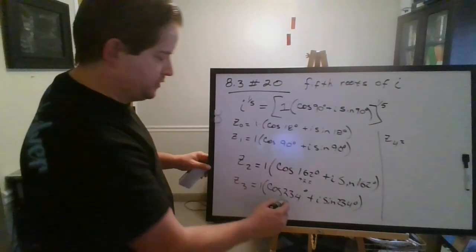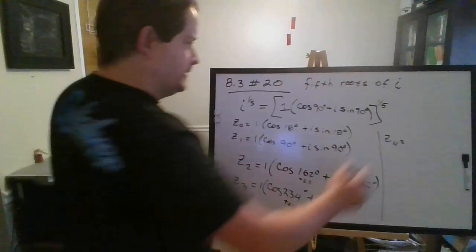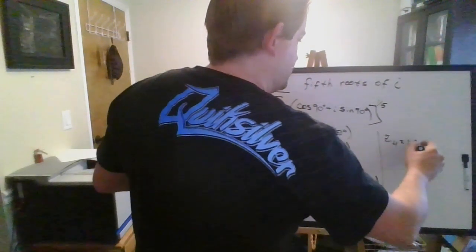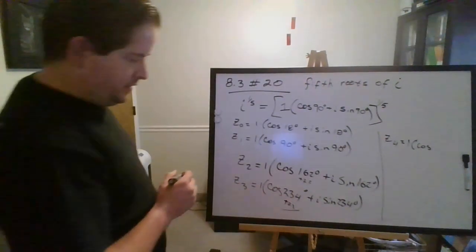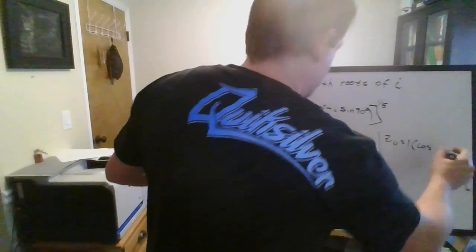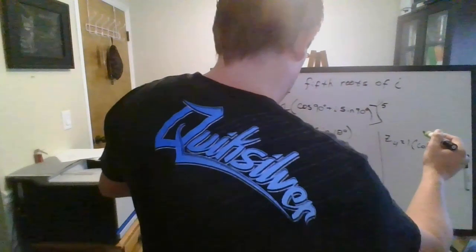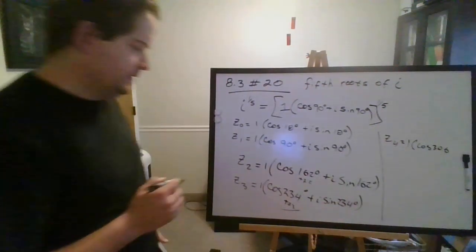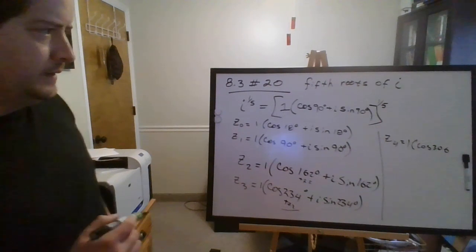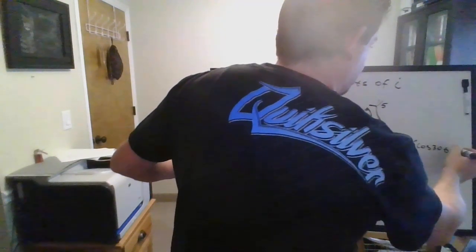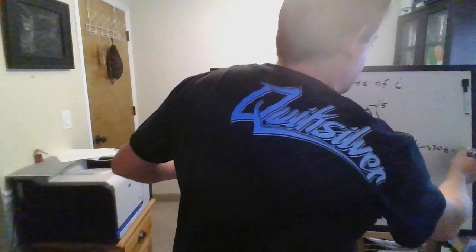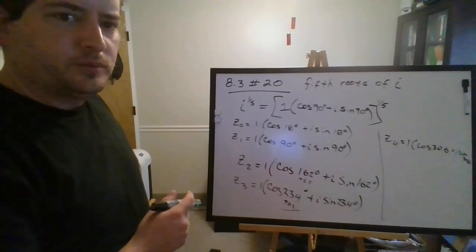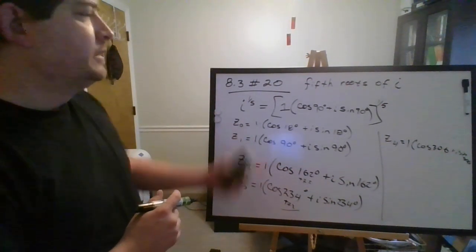So if I add 72 to here, then this gives me 1 again times the cosine of 306, plus, of course, the I sine of 306. I ran out of room on my super duper large erase board here. But that's all of them.